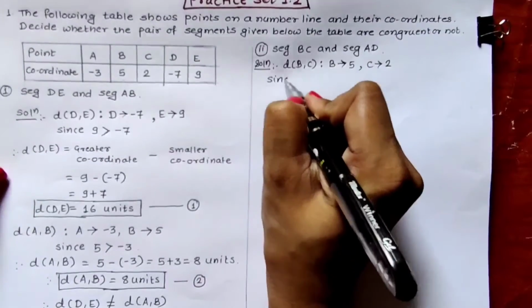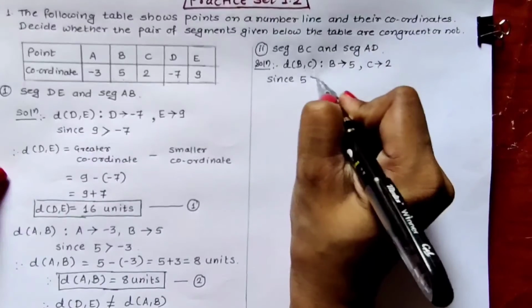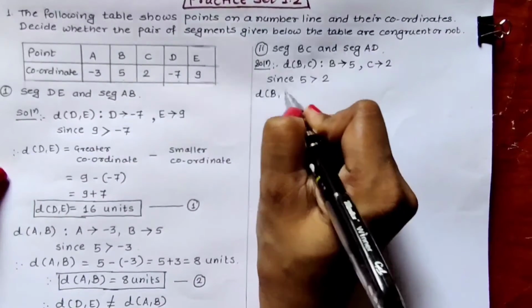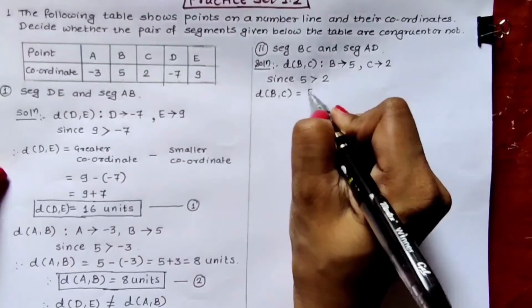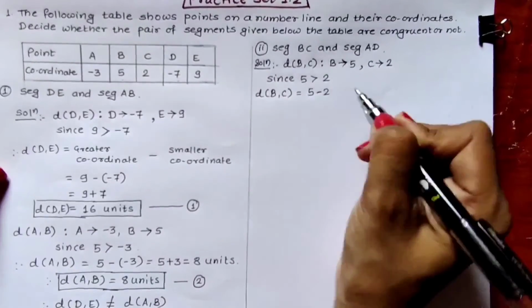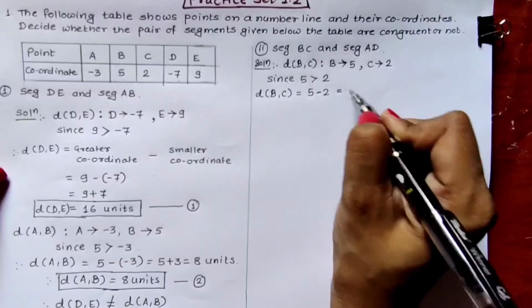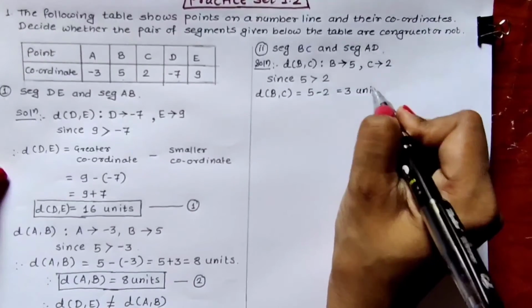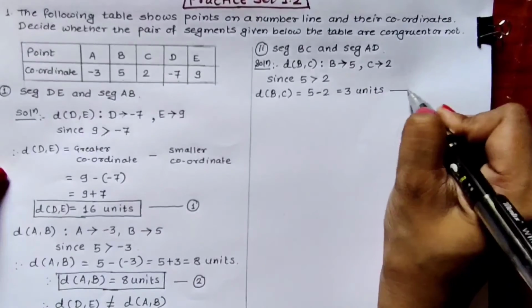Since 5 is greater than 2, distance BC will be equal to 5 minus 2. 5 minus 2 is 3 units. This will be our equation number 1.